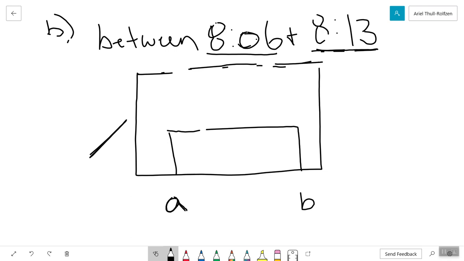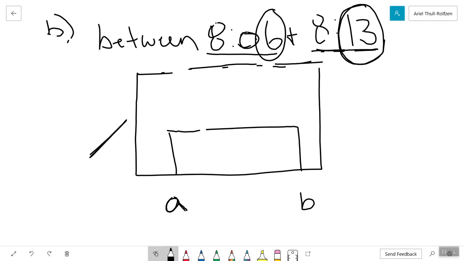Now remember what I said, we're not thinking about this in terms of exact time, we're thinking about how late this train is. So for this one as well, we're going to use only the 6 to represent 6 minutes late, and only the 13 to represent 13 minutes late.